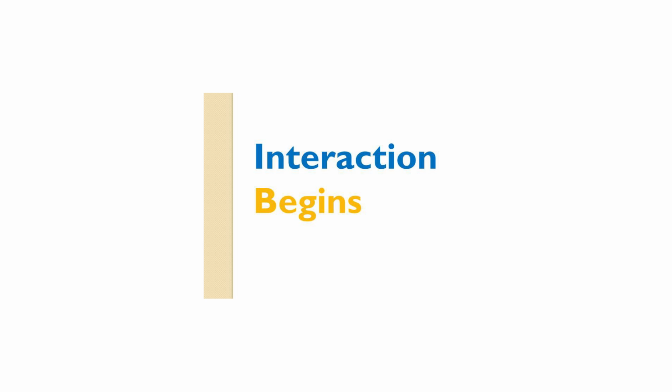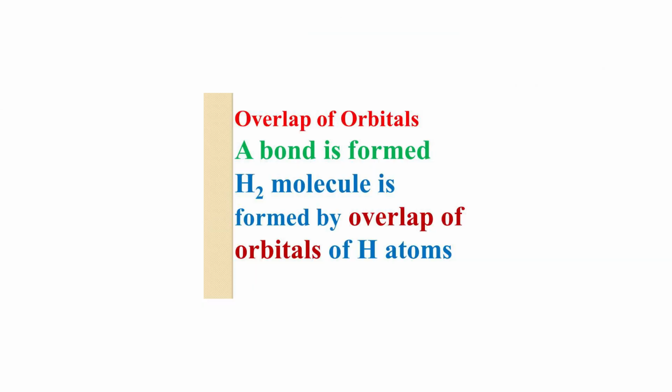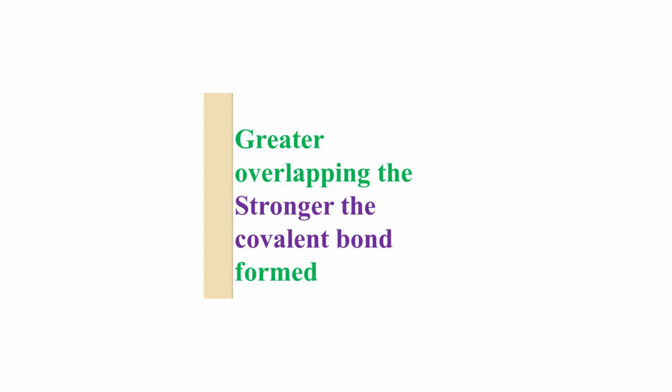What does it mean? Interaction begins. See the picture 3, the bonded atom. A bond is formed. Hydrogen molecule is formed by overlapping of hydrogen atom. Yes, greater the overlapping, stronger is the covalent bond formed.